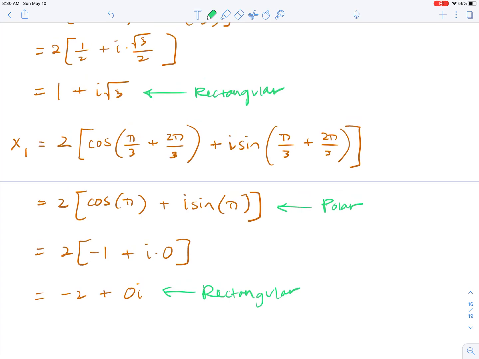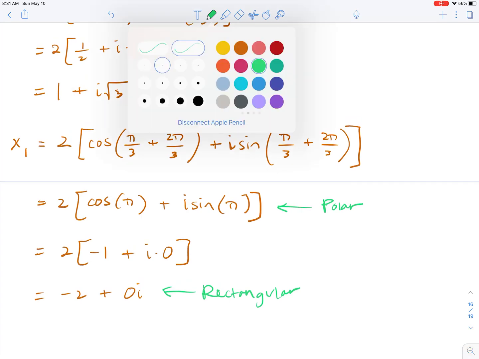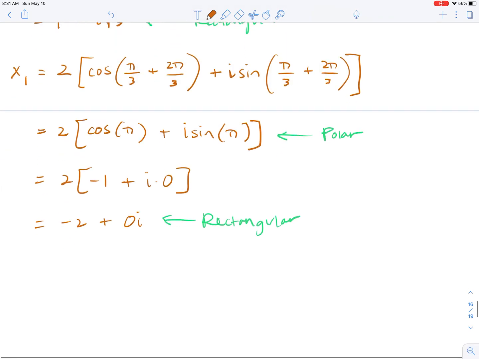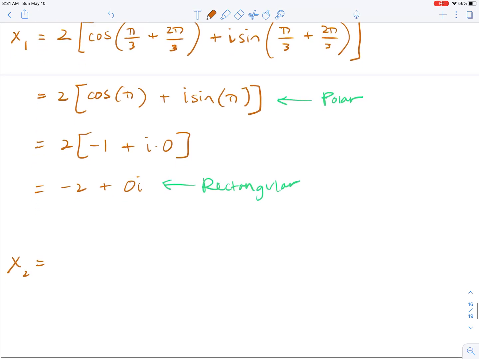And this solution, if we were just solving the equation x cubed equals -8 in the real numbers, well, -2 plus 0i would be our real solution. But we're solving in the complex numbers. And x sub 2 will end up being our final solution to the equation.